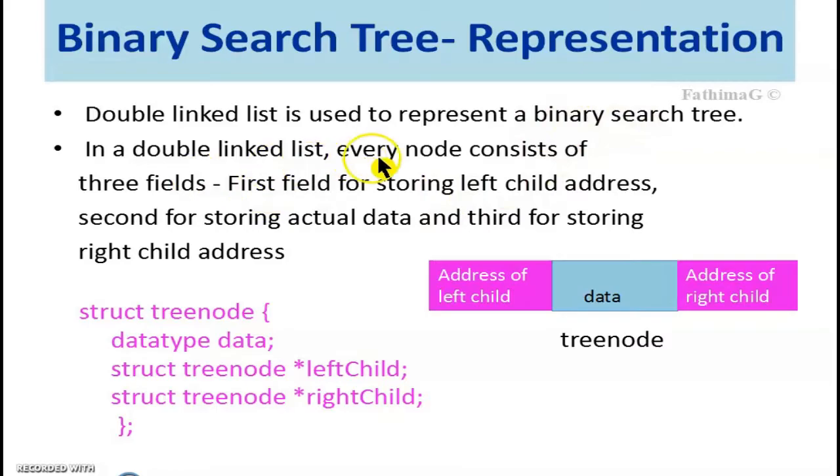Every node consists of three fields. The first field for storing the address of left child, second for storing the actual data, the third for storing the address of right child. The structure of the node of BST is declared as struct tree node with data and both left and the right child as pointers of type struct tree node.